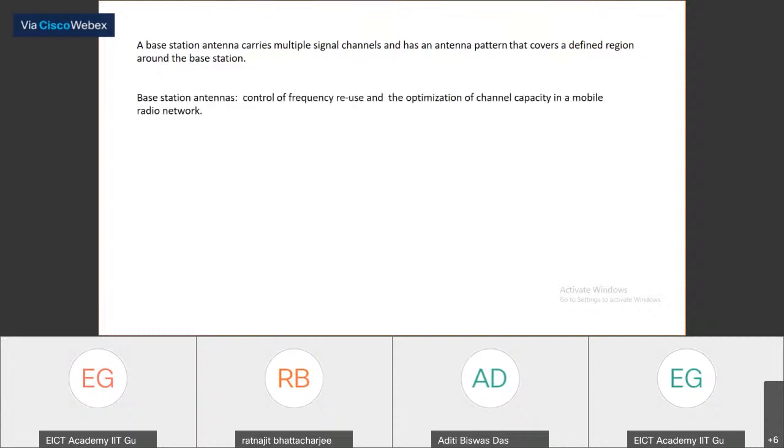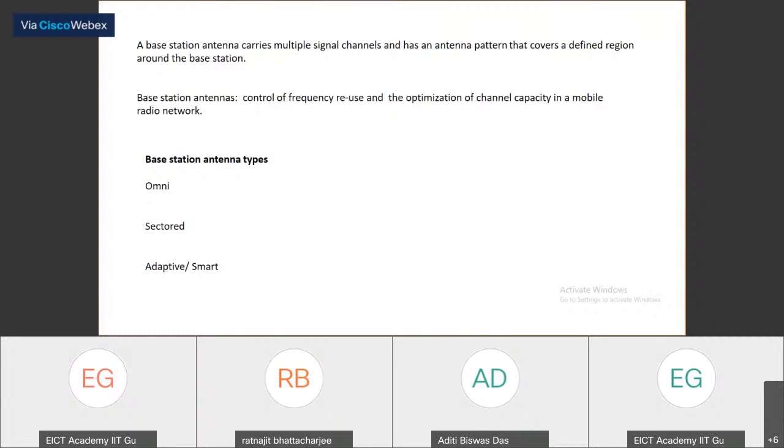Base station antennas control the frequency use and optimization of channel capacity for a mobile radio network. This is very important because the operators want to put the maximum number of users with a given number of channels, and how antennas can help that.